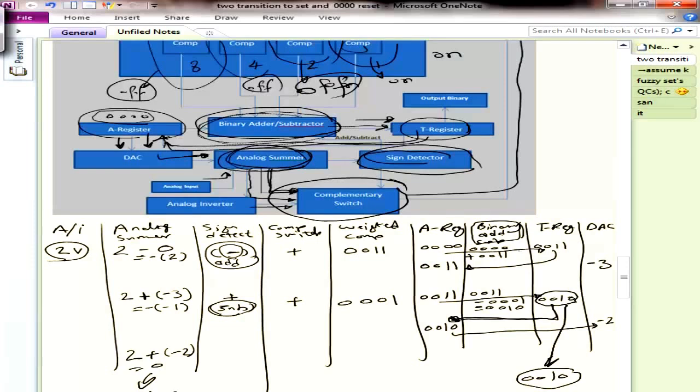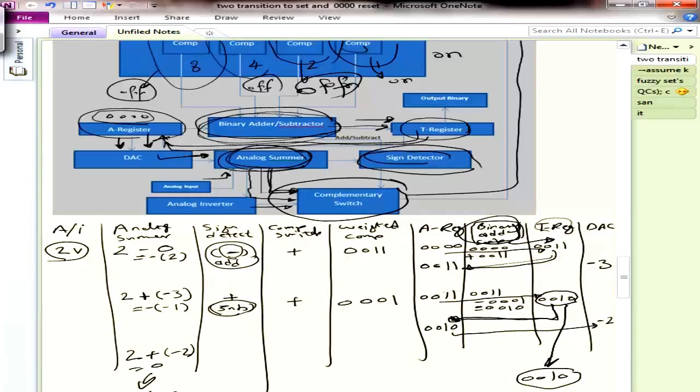Counting for this conversion: we put the output of the binary adder subtractor to the T register, consuming half a clock cycle, plus we put it back from the T register to the A register, consuming another half clock cycle.